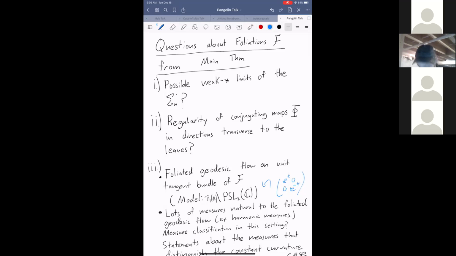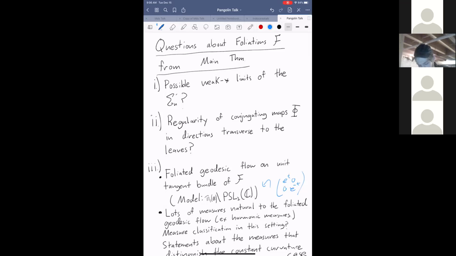So what you can ask is whether there's any kind of measure classification in this setting like you'd have in the constant curvature setting, or if you could prove some negative result, like bad things happen and you can get all kinds of measures. You can also ask for statements that say the bad things happen when you're in variable negative curvature, and when you're in constant negative curvature, of course, by Ratner's theorems and homogeneous dynamics, you should be okay.